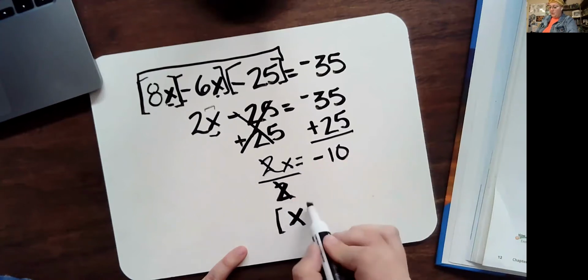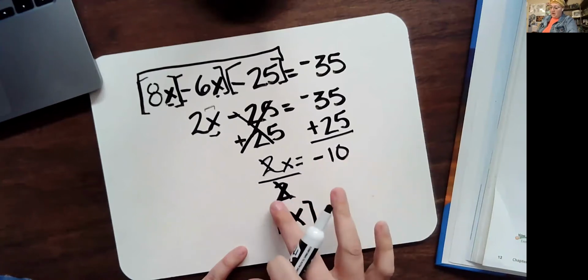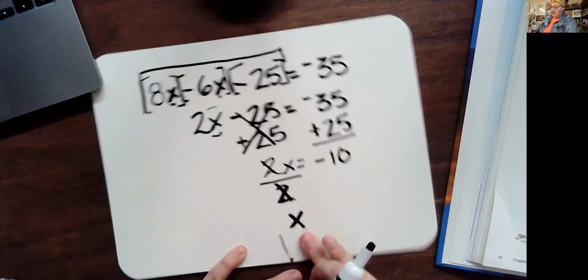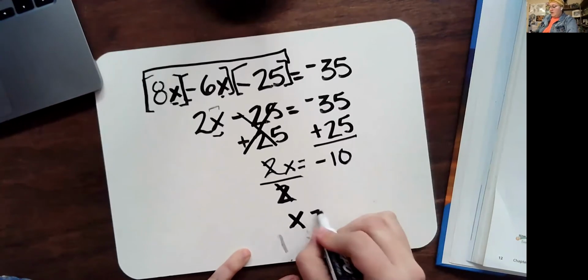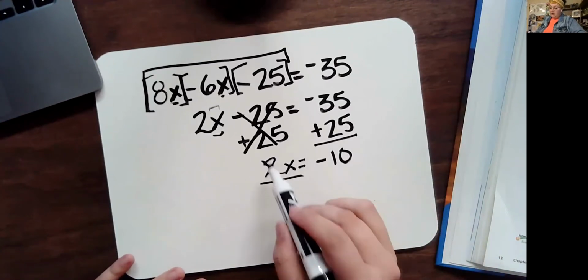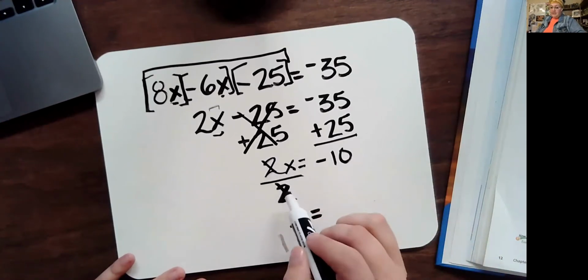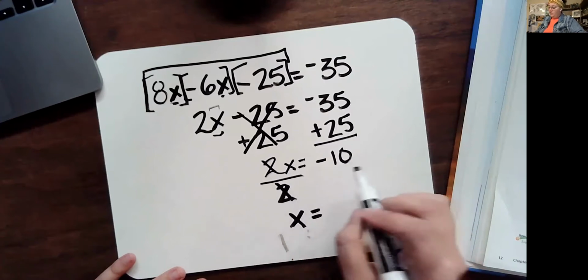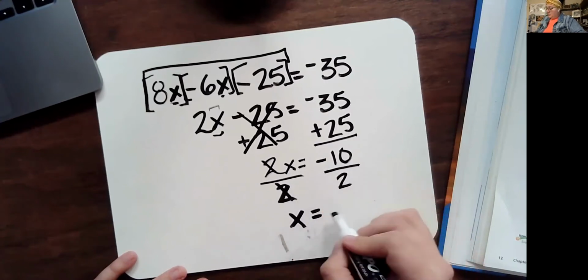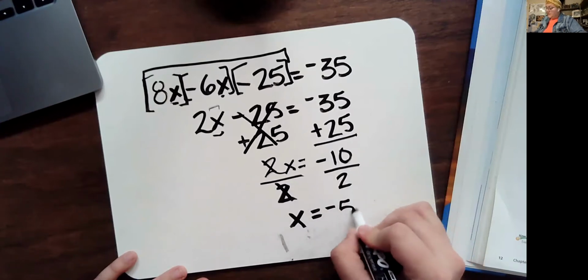Remember, we isolated it. We want that x all alone. I'm not going to leave those there because that would be more complex, but I wanted to draw attention to that. We've divided 2x by 2 to cancel the 2 out over here. Since we did it on this side of the equal sign, we got to do it over here too. So we're dividing negative 10 by 2, and negative 10 divided by 2 is negative 5.